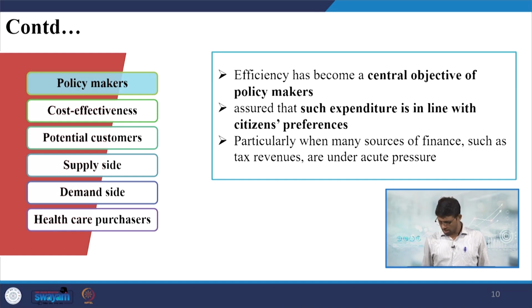The efficiency score will give us a direction for further policymaking. As I just said, it should be as per the citizens' preferences, and expenditures should be viable and justified, particularly when many sources of finance such as tax revenues are under acute pressure.